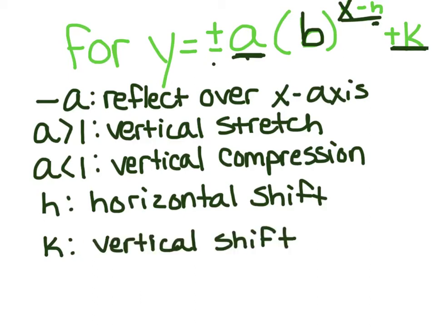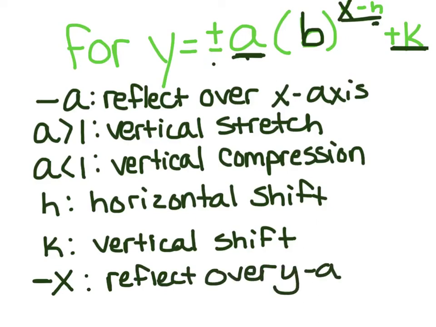There is one more thing I want to add, which is actually true of all functions, but we just hadn't talked about it before. If the x itself is negative, that will be a reflection over the y-axis. So your graph would go from looking like that to that, or vice versa.